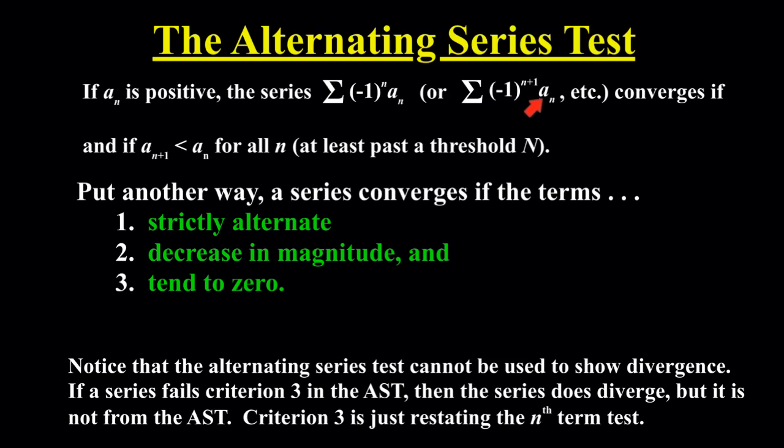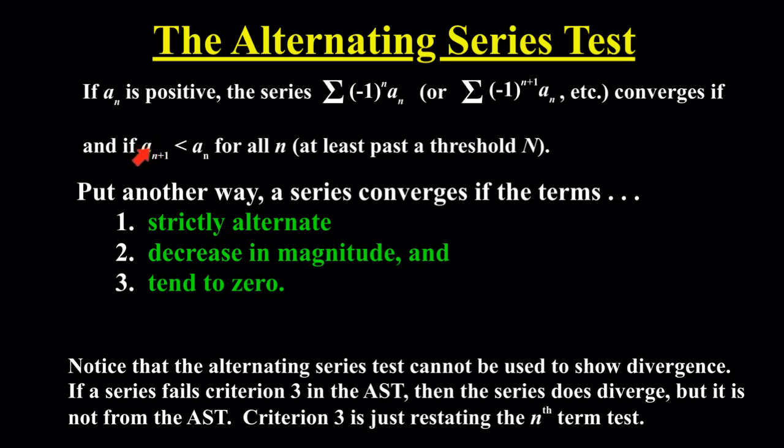Or it could be written as this, and there are a lot of different ways that you could write this. You could use n minus 1 or whatever. So this converges if and only if a sub n plus 1 is less than a sub n for all n. Now what that means is that your next term has to be smaller than the previous term.